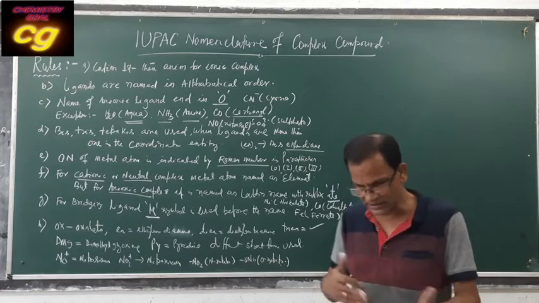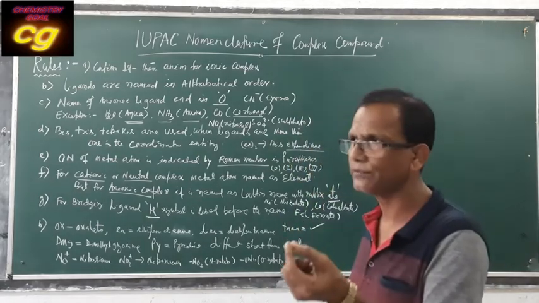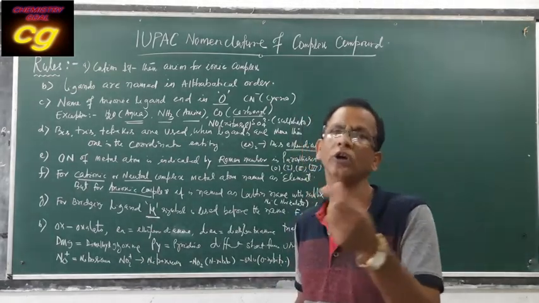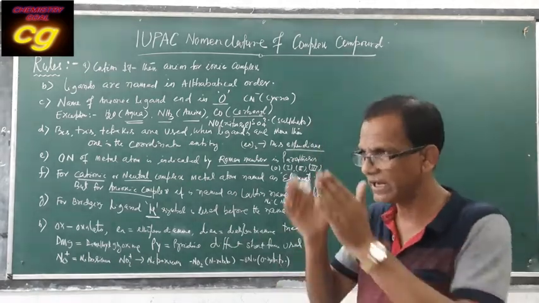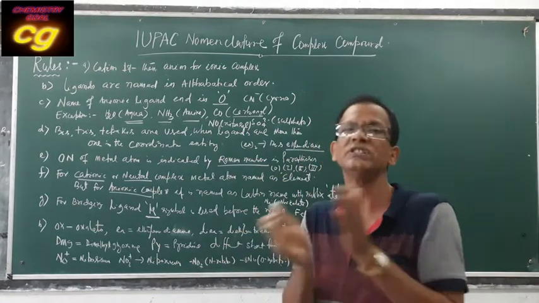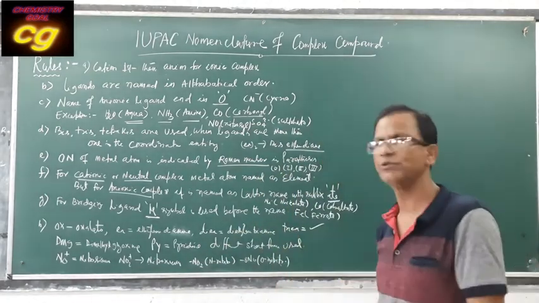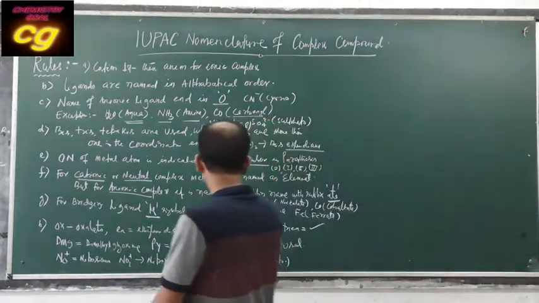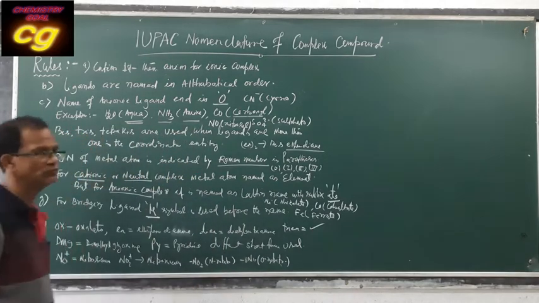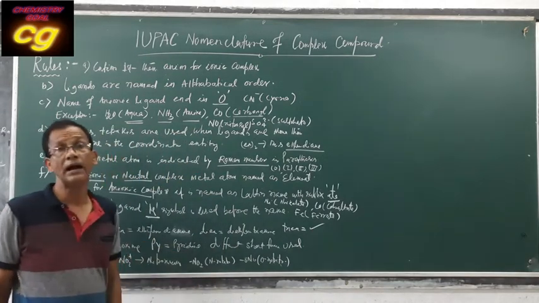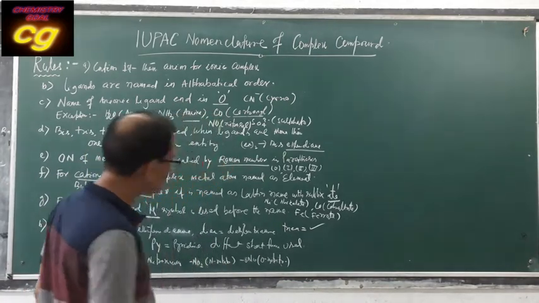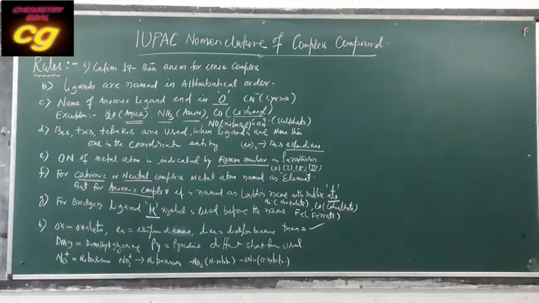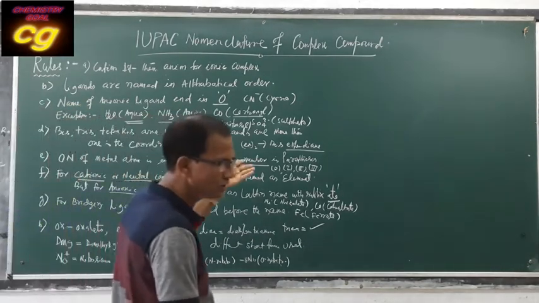So it distinguishes the coordination of the particular atom with the metal ion, whether N is attached or O is attached. So there is a distinction in the nomenclature of NO2, because this NO2 is an ambidentate ligand having two donor sites.